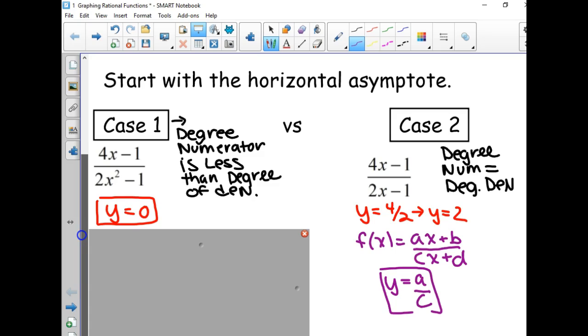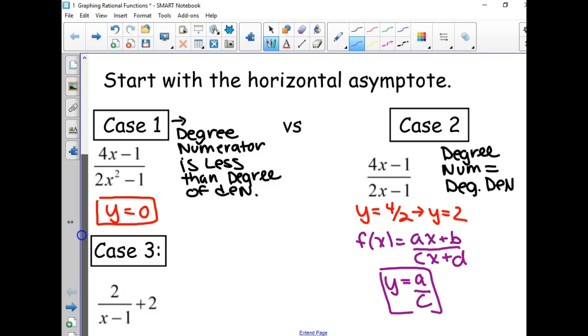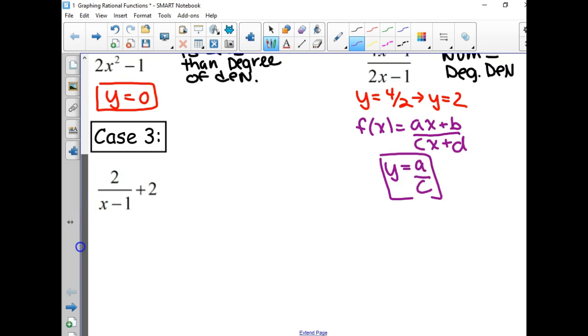Now there's one more case. That's case 3. What do you notice about case 3? How is it different than case 1 and case 2? Gunnar, what do you notice? Very, very good.